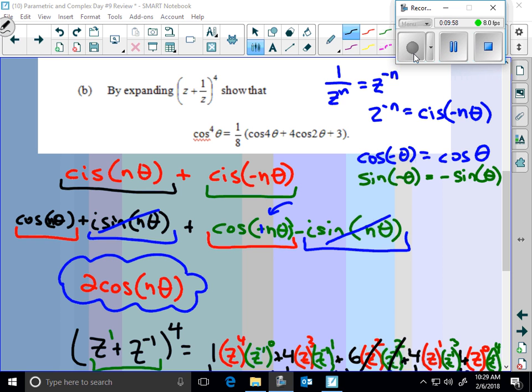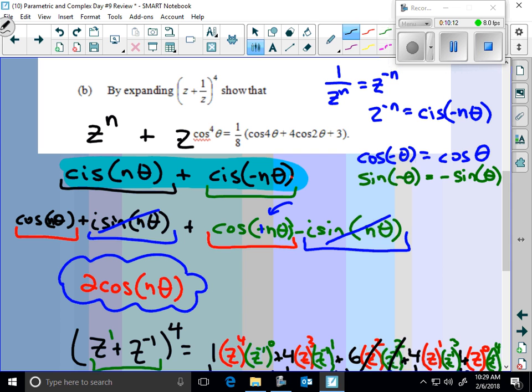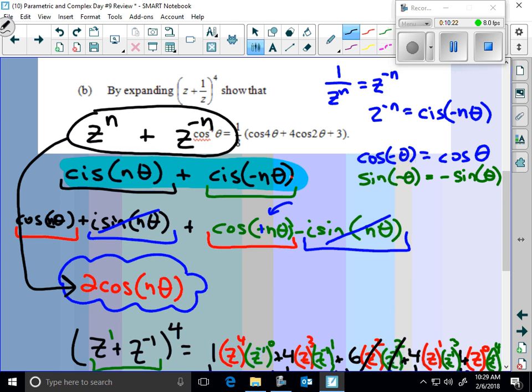Let's see here. This right here, poor color choice, but you can kind of see that. That right there is z to the n plus z to the negative n. So in that step, we showed that z to the n plus z to the negative n equals 2 cosine of n theta.